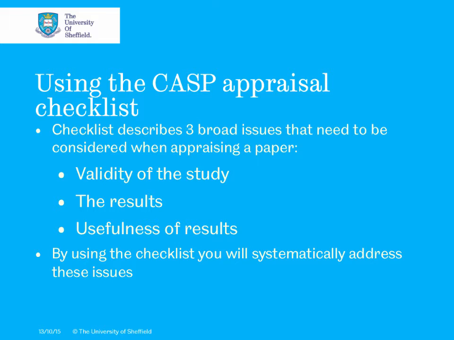That's how well the study does what it says it's supposed to do. The CASP checklists allow you to think clearly about what the results are trying to tell you and how well the results have been reported. And then, as I said, it allows you to come to a conclusion about the overall usefulness of the results. And the checklists allow you to do this in a systematic way.